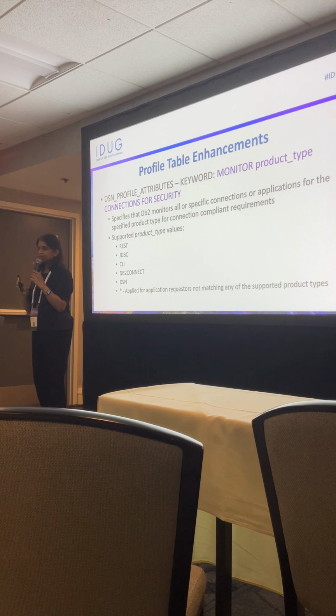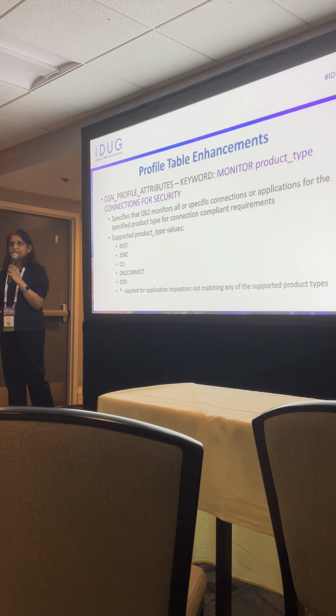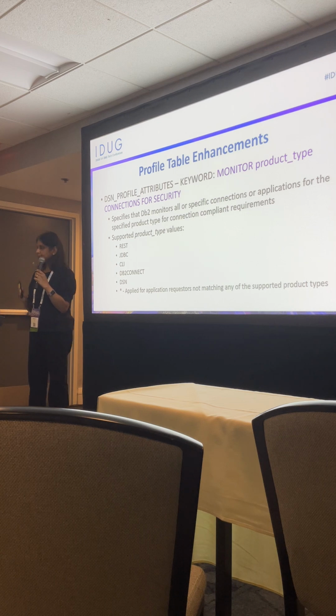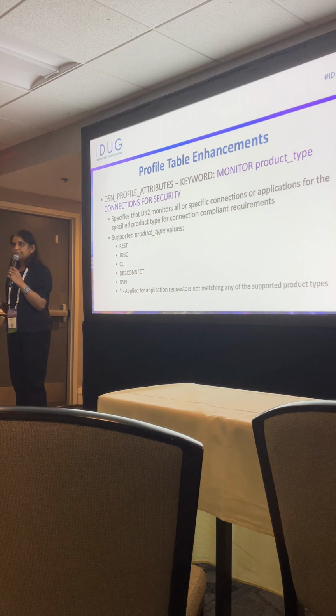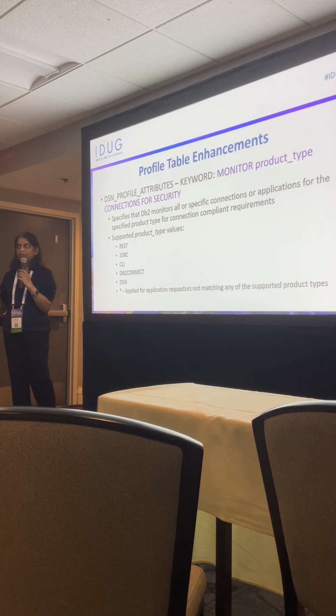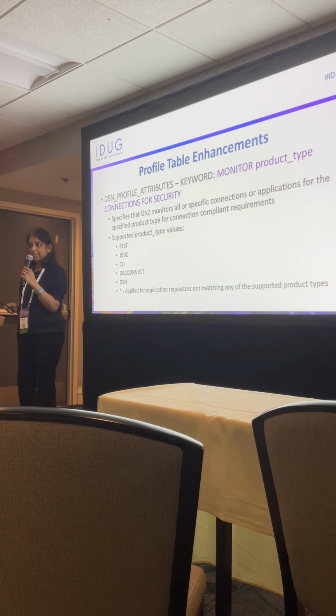Okay, the enhancement for monitoring connections in the profile tables is that we added a new keyword, MONITOR PRODUCT TYPE CONNECTIONS for security. You can specify the different product types you want to monitor. It could be a REST API connection, JDBC connection, or Db2 Connect, or DSN for connections coming in from a Db2 for z/OS requester.